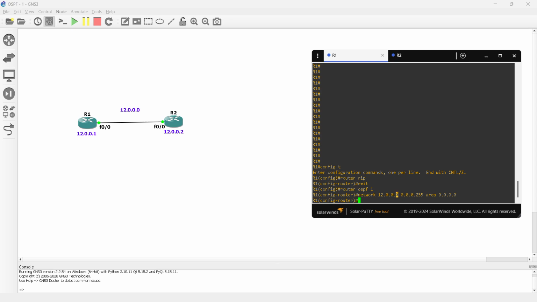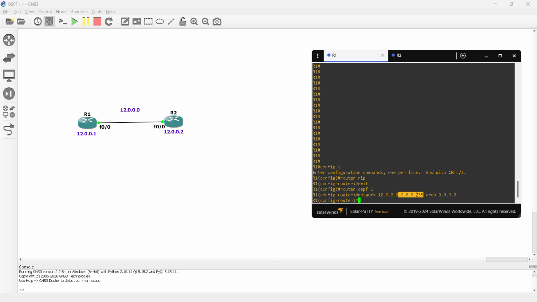Now this special thing that you see is known as the inverse mask.